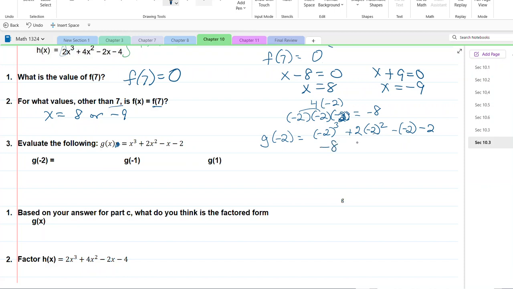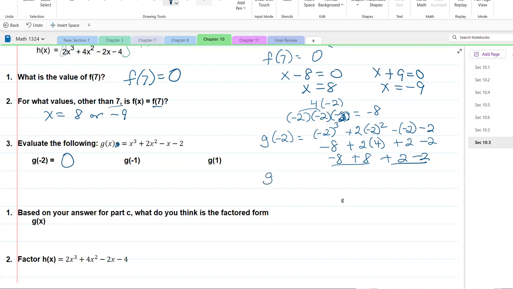And 2 squared is +4. 2 negatives make a positive. 2 minus 2. That's a -8 plus 8. Okay, so that's 0 plus 2 minus 2, 0. So this is equal.